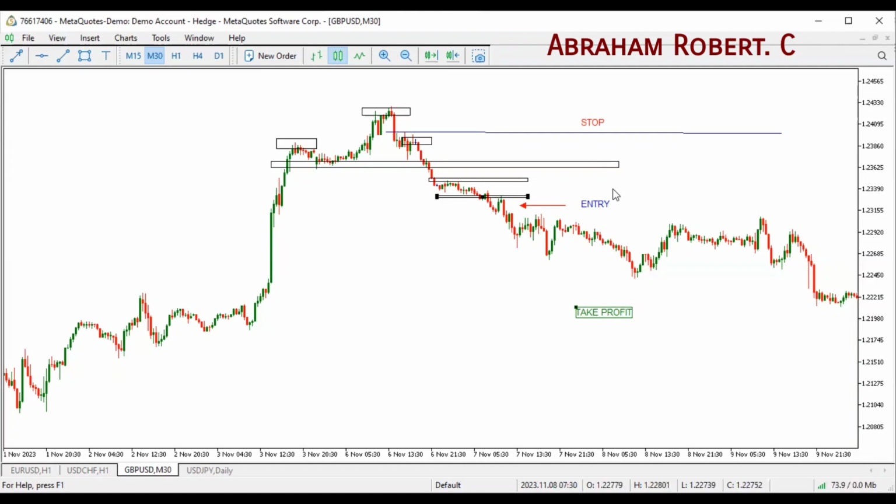Because one of the disadvantages of using a wide stop is that if the market goes against you, your loss will be massive. But if you can learn how to calculate your lot size, know what lot to use and what amount to risk at that particular point, then you can solve that disadvantage.